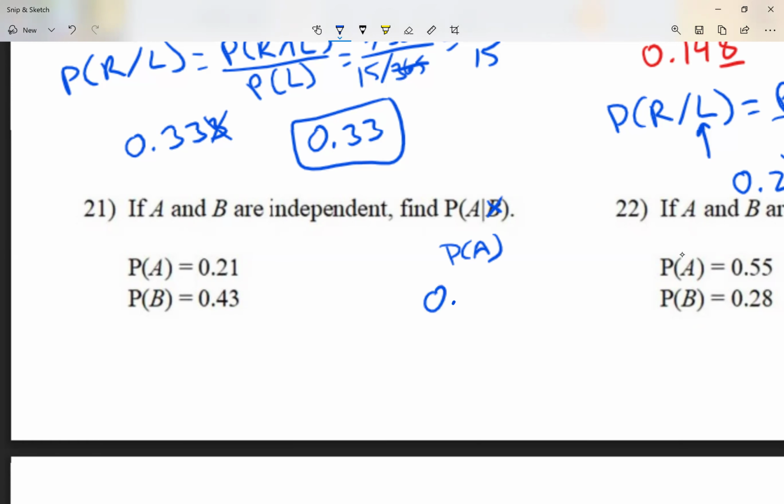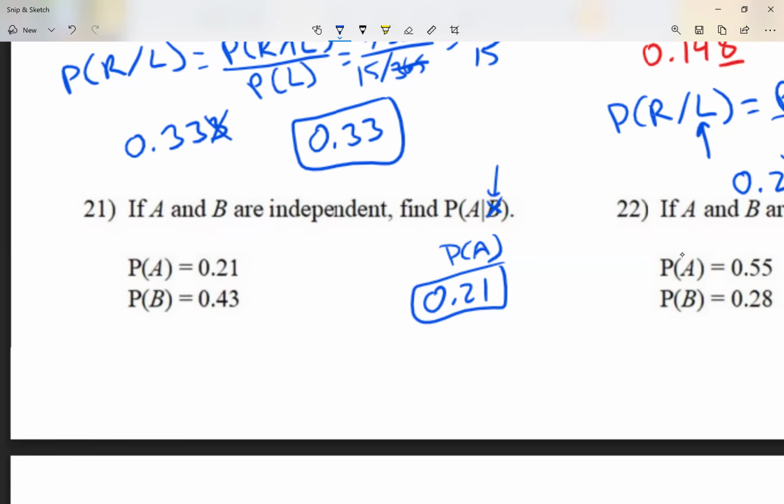So that's going to be my answer, 0.21. Because A and B are independent, I don't care what happened with B. I don't care what happens on the second one. So if I had asked you the probability of B given A, we cross out the second one and I would have asked for the probability of B then.